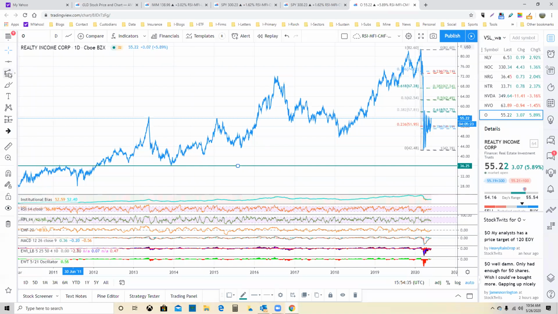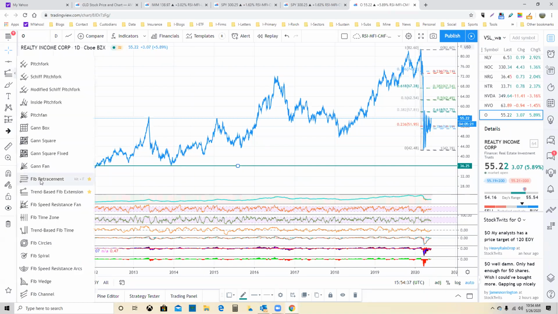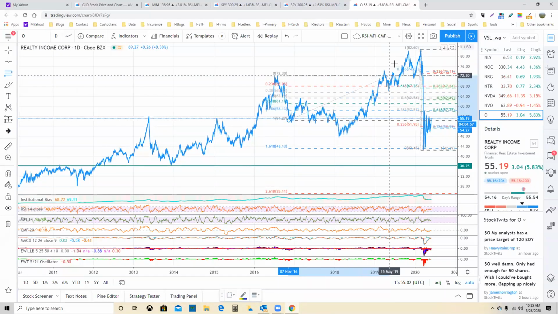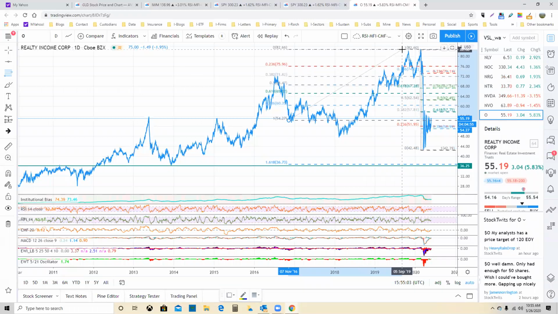So again, let's take our Trump theory. The market is keying off the Trump election. We'll go to October, November. So there was a local low right here at the election. And look at that.